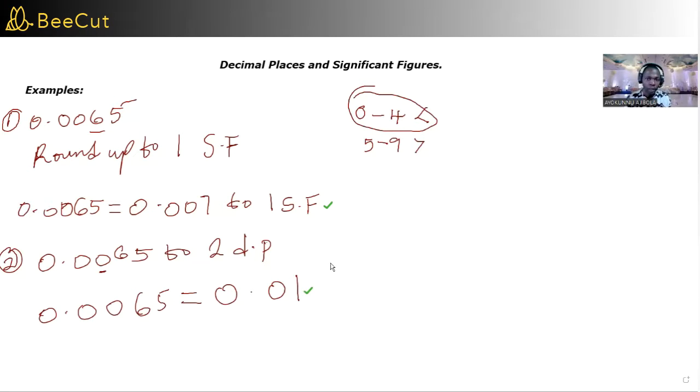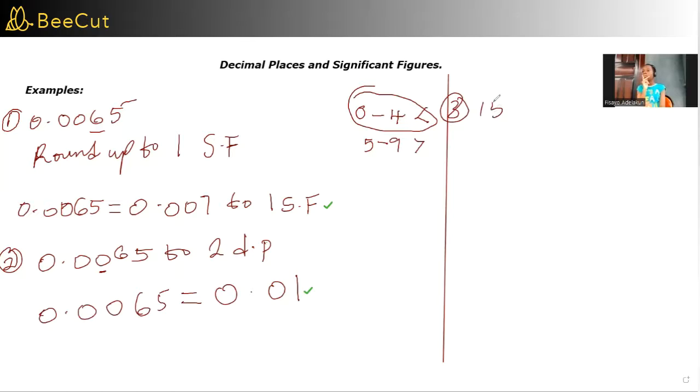Now, let's look at another example on the significant figure, before I start asking you questions. So let's say number 3 here, you have 15.5.